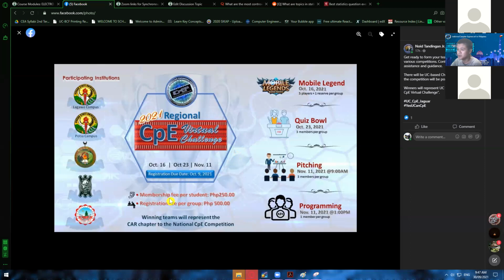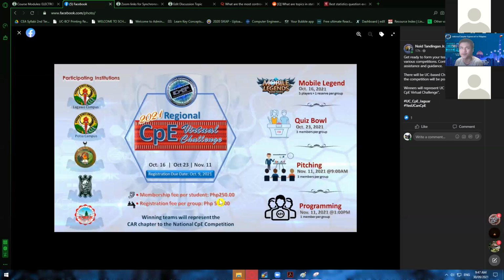Okay, so here's the membership fee per student. I know that this one is quite expensive, but don't you guys worry. There is a reason for this, since this will be like a membership fee for the ICPEP organization. Once you've joined this tournament, you will become an ICPEP member at the same time.